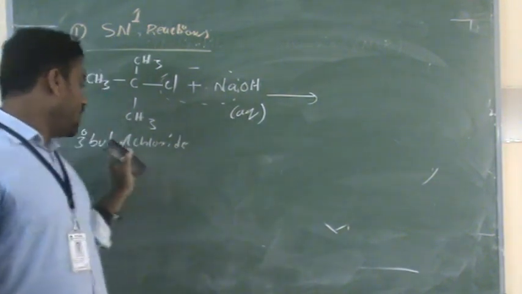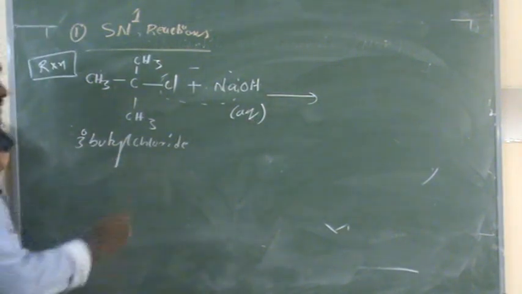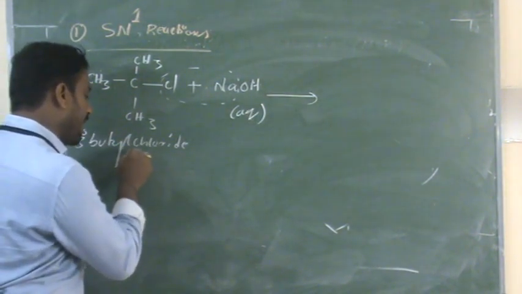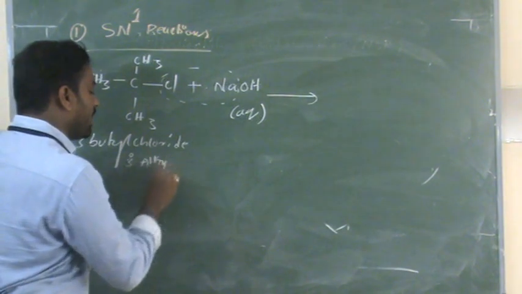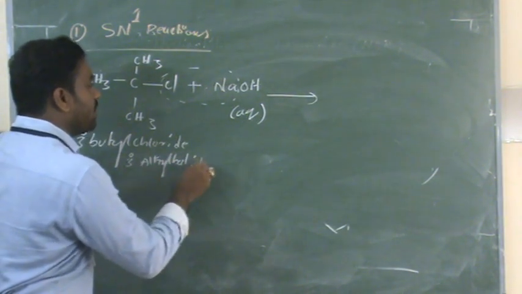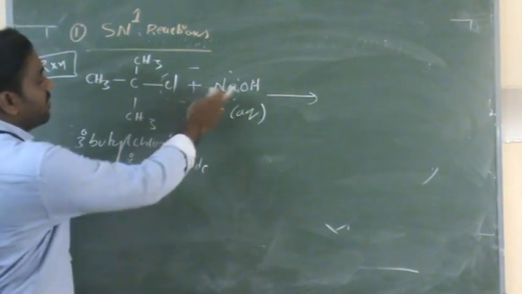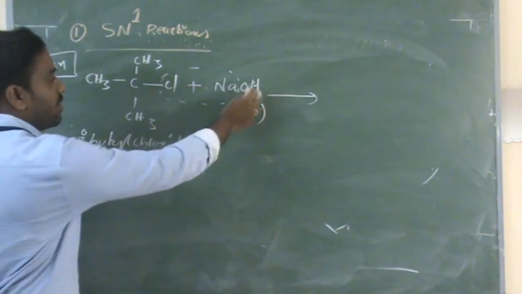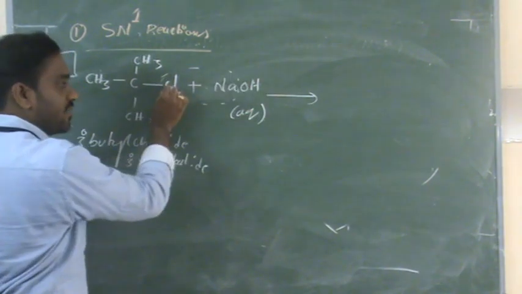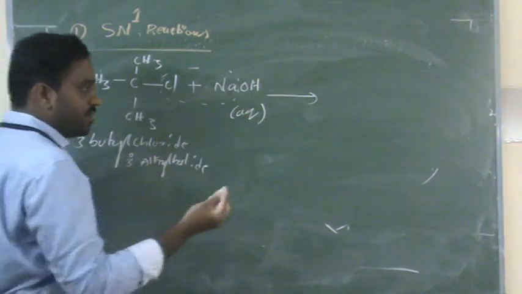So tertiary butyl chloride is nothing but a tertiary alkyl halide. Tertiary alkyl halide can react with aqueous sodium hydroxide. Na and Cl are removed in the form of NaCl.